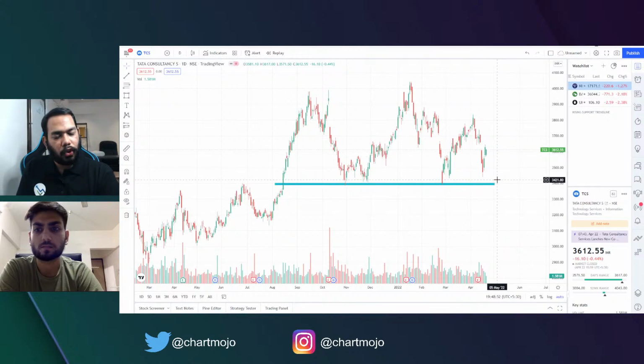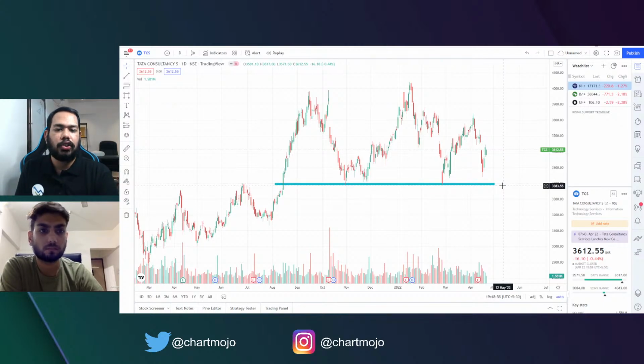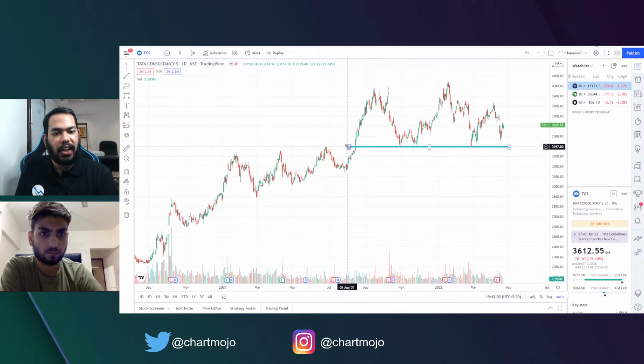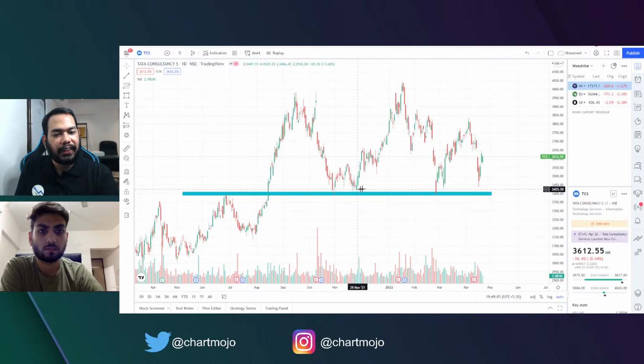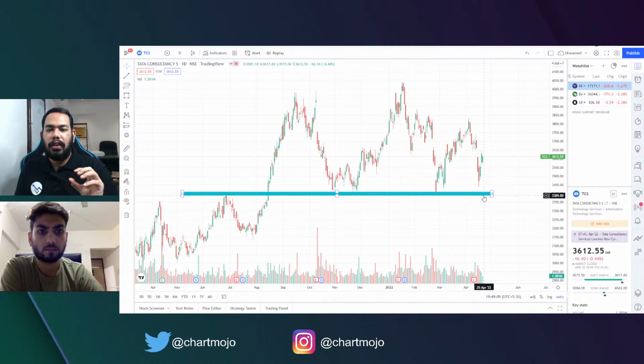If someone wants to make one, try to make it as near as this. You can see this level acting as a resistance, and now this level acting as a support. 3400 is the level. The nearer you get, the better the SL and the better the risk you can have on your particular long trade.